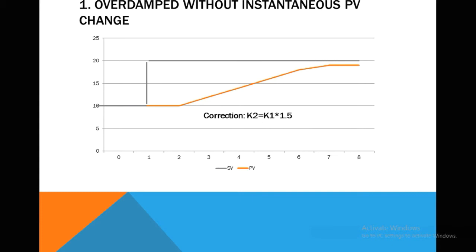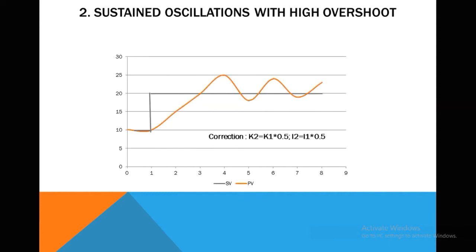So the new gain is 1.5 times the original gain. If this starts immediately with the change in set point, but there is a huge overshoot and it sustains, then your proportional gain has to be reduced to 50% and integral time also has to be reduced by 50%.